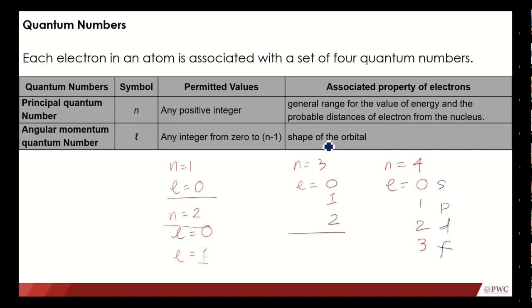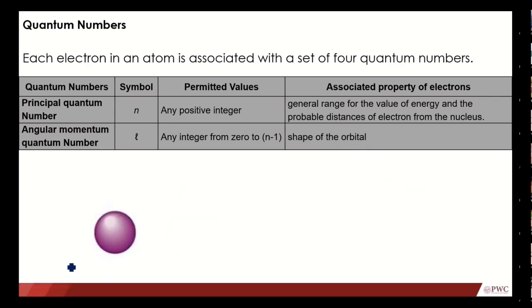This quantum number describes the shape of the orbitals. So these are the different shapes. So when l is equal to 0, we are referring to an s orbital. It's a ball-shaped orbital. Next, when l is equal to 1, we are referring to a p orbital. So it's a dumbbell-shaped orbital.